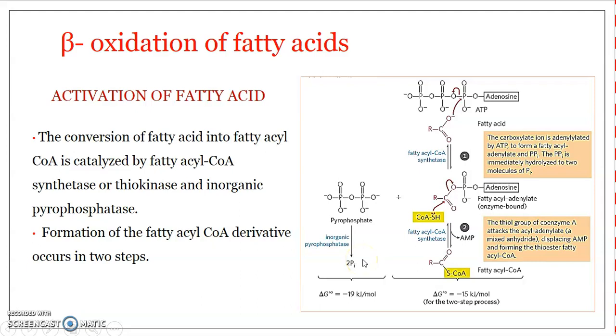So the net reaction, we can say, the fatty acid gives fatty acyl coenzyme A. During the process, a coenzyme A molecule is utilized. At the same time, ATP is converted to AMP, and two inorganic phosphates are produced. The whole process is catalyzed by thiokinase enzyme or fatty acyl coenzyme A synthetase enzyme.